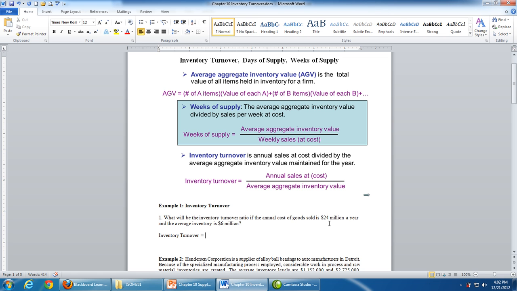Annual sale is 24. Average inventory is 6. So 24 divided by 6, inventory turnover is about 4 turns per year. Normally, an organization would prefer inventory turnover to be high. The higher the number, the better the organization turns inventory into money.